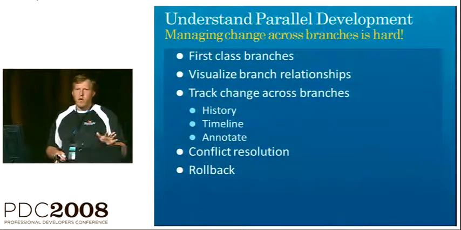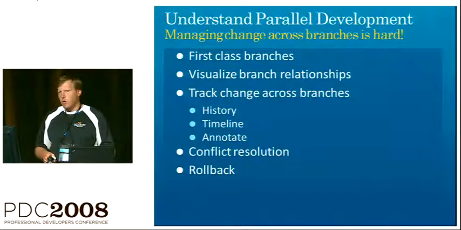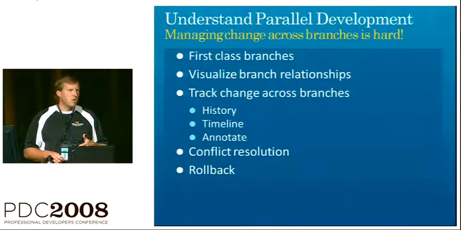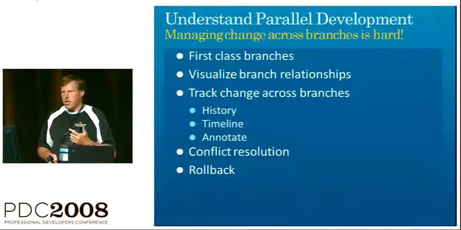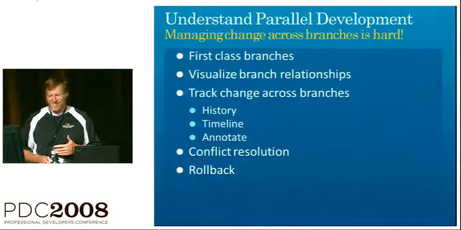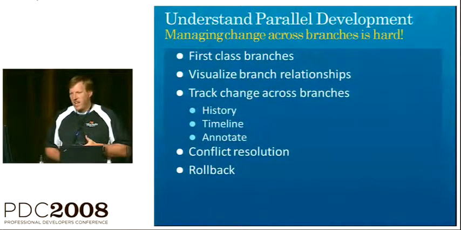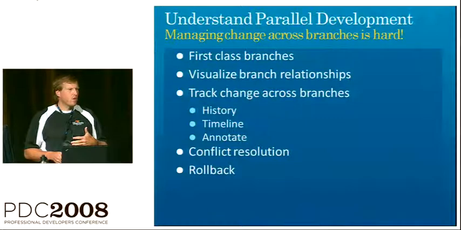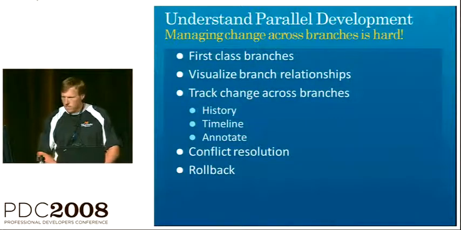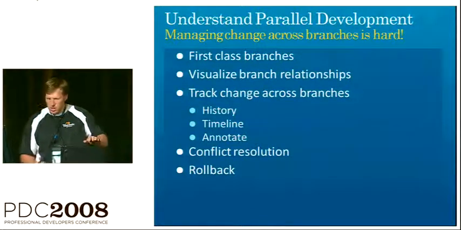We've completely redone our conflict resolution UI, so it's not modal anymore, and the information it presents is way more helpful in understanding what the conflicts are. And we've also added rollback as a first-class feature. So let's go to a demo on that.